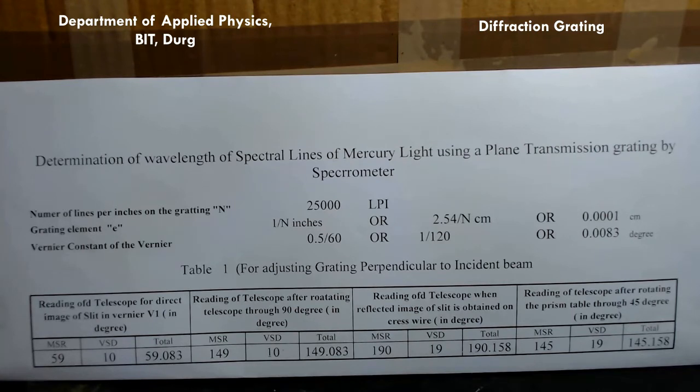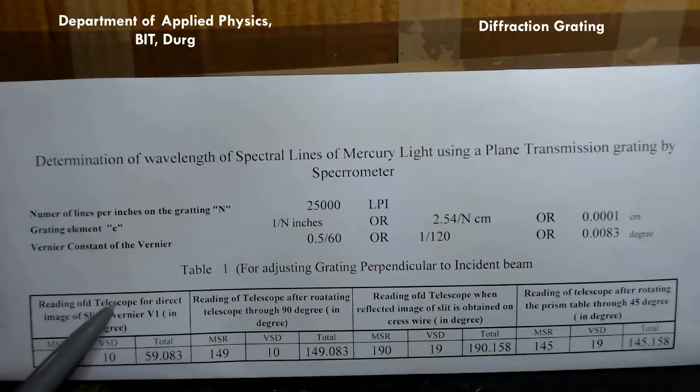Now we take the reading for adjustment. What we have done, first we have taken the reading of the telescope for the direct image of the slit in vernier 1. Here we have taken one vernier only because it is an adjustment, this is not the actual reading taken.